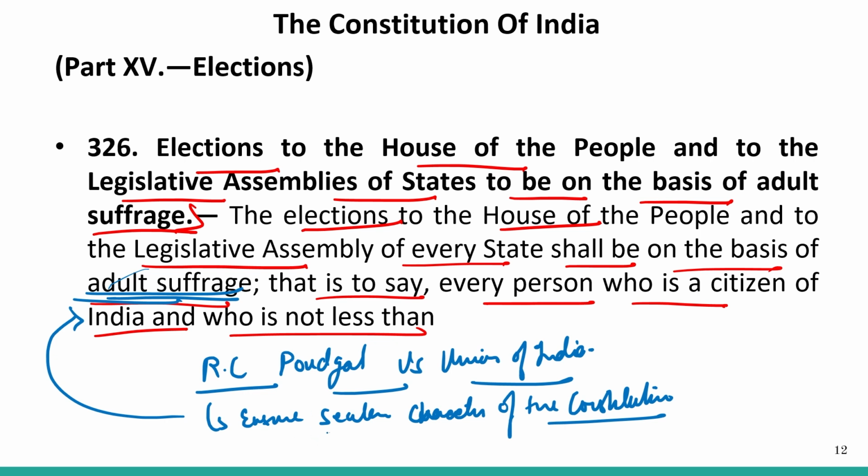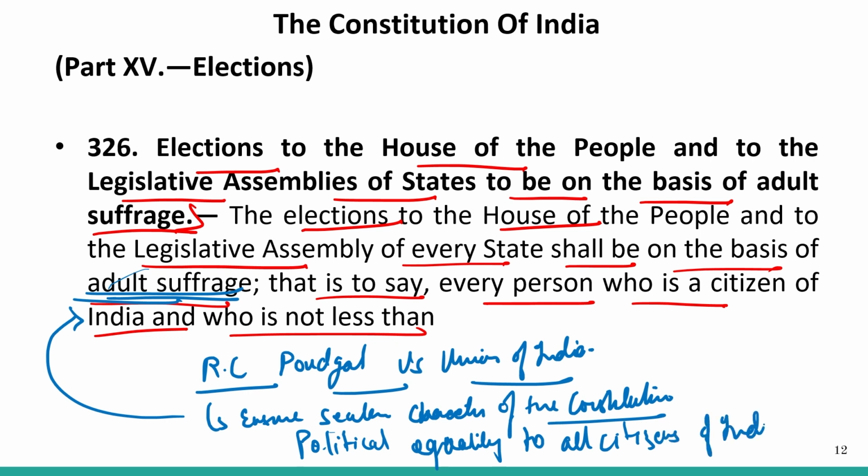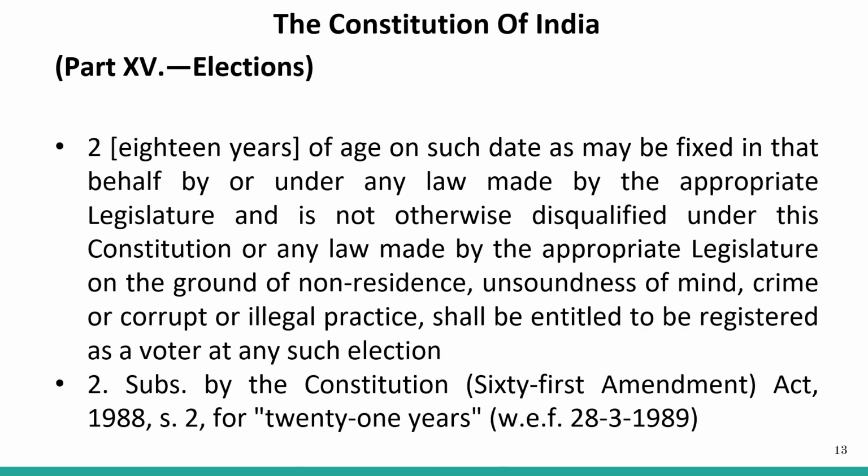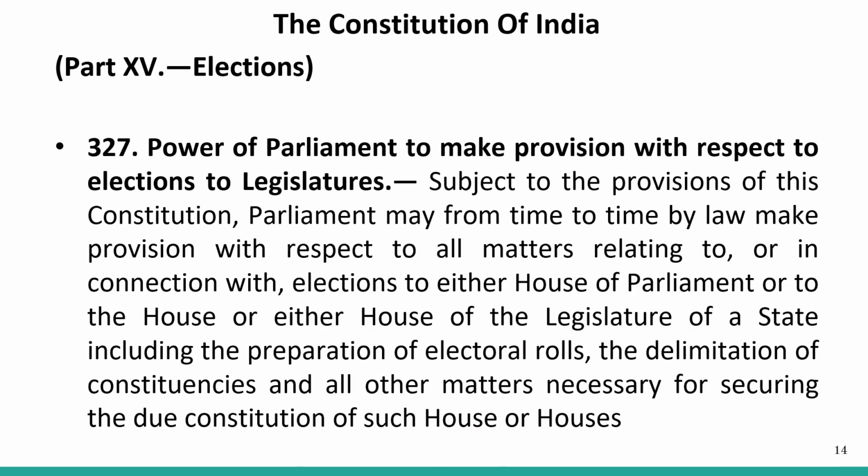Another point is the secular character, and apart from that, political equality for all citizens of India. Okay. So political equality for all citizens of India, and to ensure the secular character of the Constitution, universal adult suffrage has been made the criterion to make sure that you are allotted a place in the electoral roll, and you are supposed to cast your vote and get the leader of your choice. Okay, that is how democracy works, right?